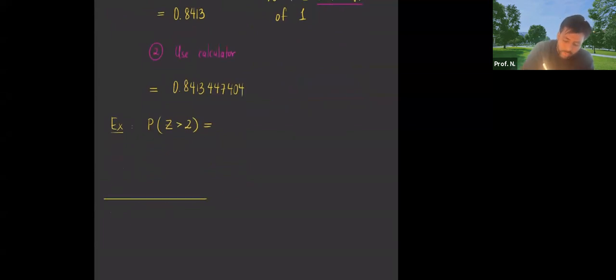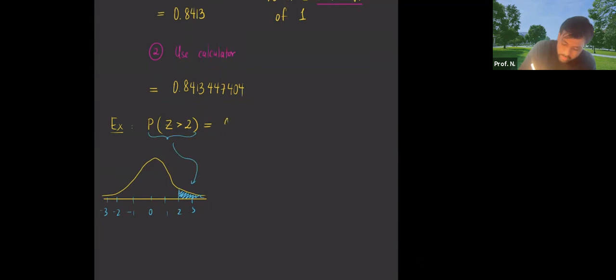Always go back to the graph, the standard normal bell curve. So we know what it always looks like: 0, 1, -1, 2, 3, -2, -3. So I want to find this area. What I'm saying here is I want to find the area to the right.